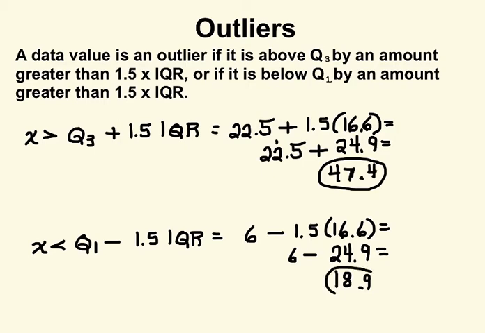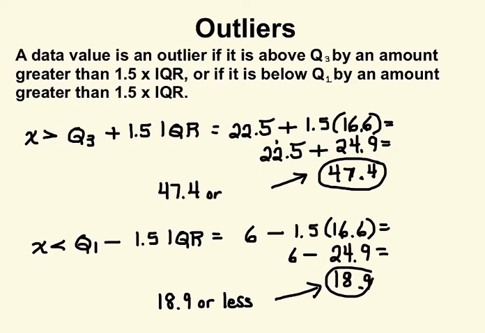So anything that is 18.9 or less, a smaller value, and anything that is 47.4 or more is considered an outlier. Anything greater than or equal to 47.4, or less than or equal to 18.9, would be considered an outlier in this data set.